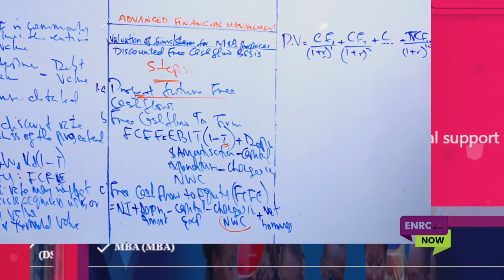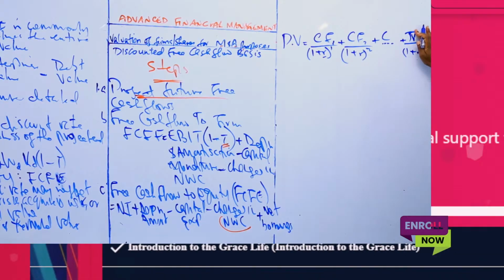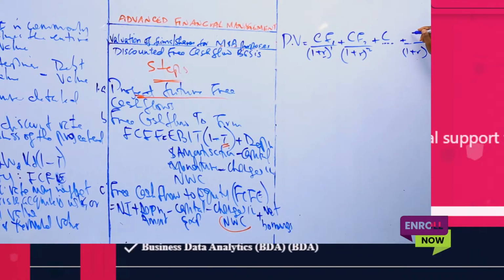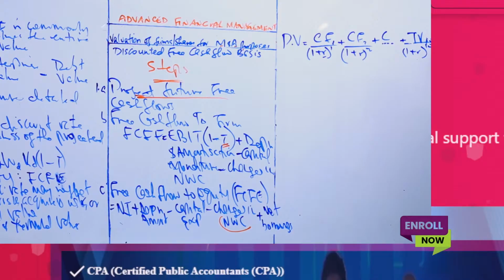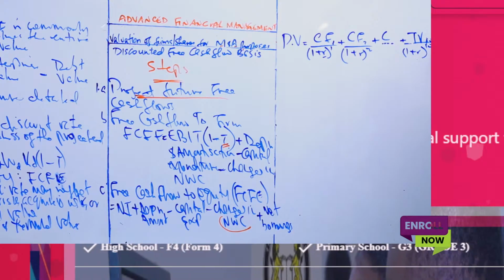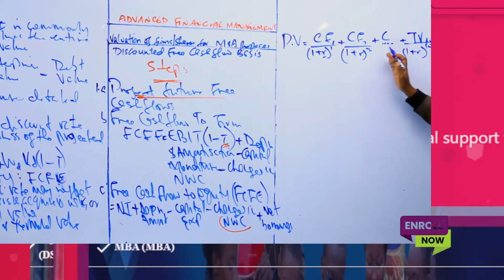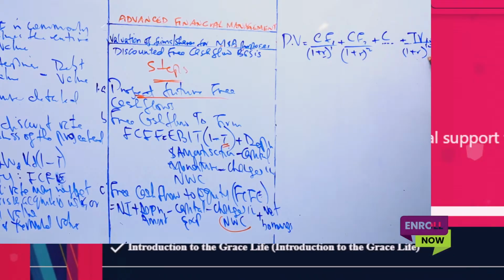Terminal value year 10. So that is step number 4. You discount each projected free cash flow and the terminal value. These are the projected cash flows and the terminal value.